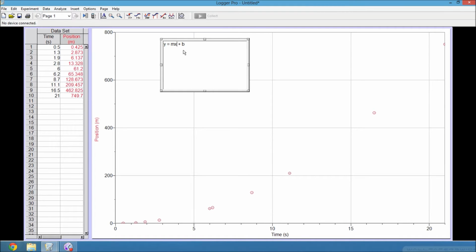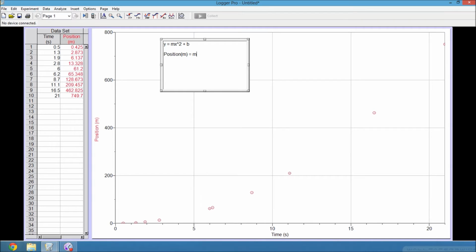So we're looking at x squared. To create this model, what we're going to do is replace y with whatever y is, so that's position, in meters, equal to whatever m is.